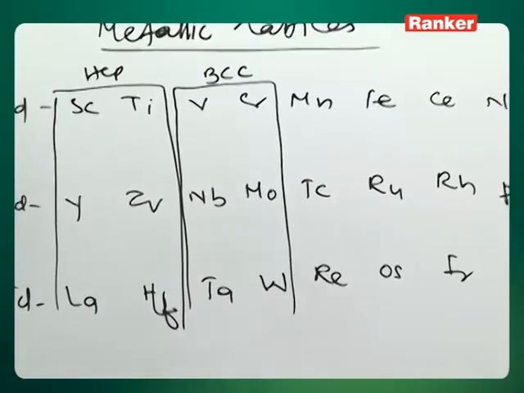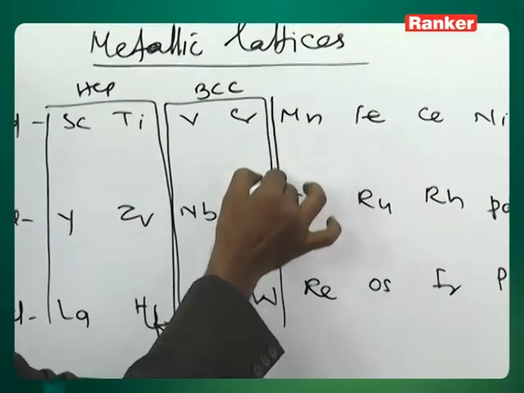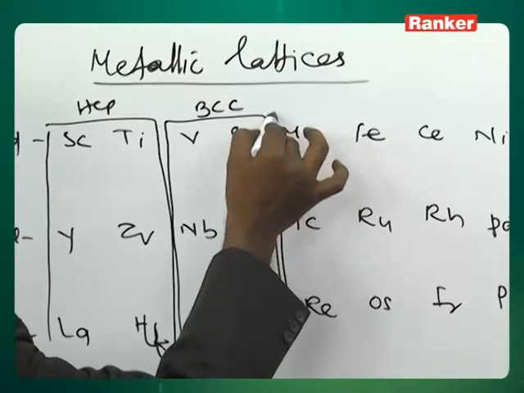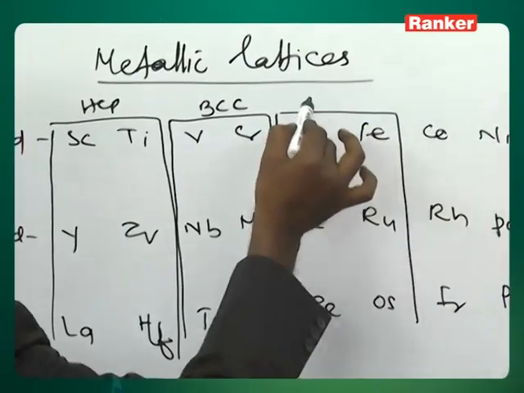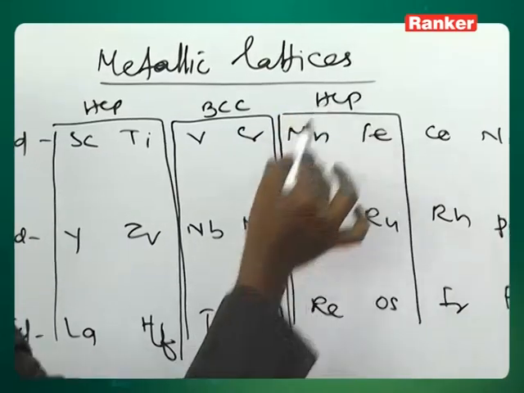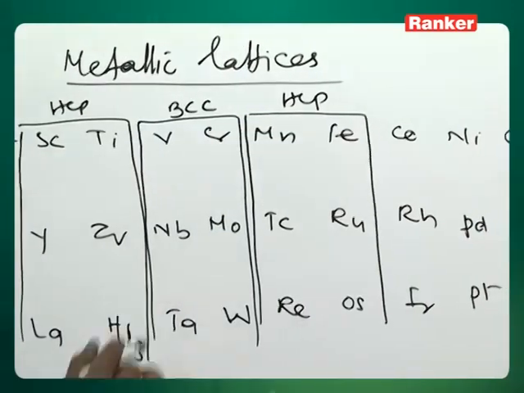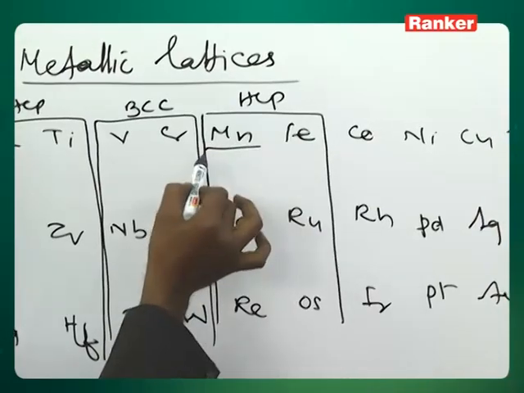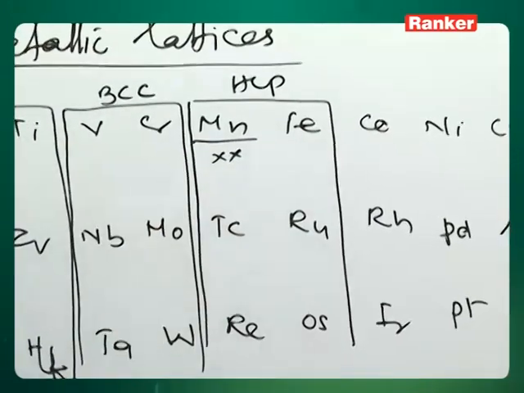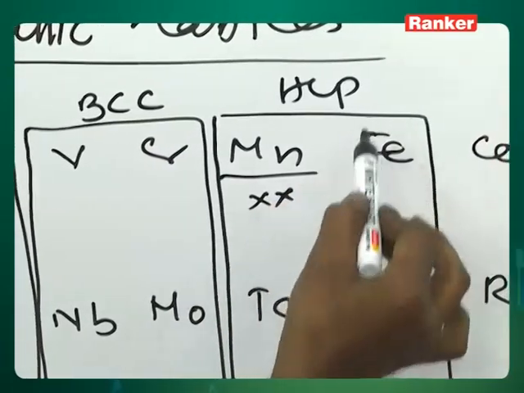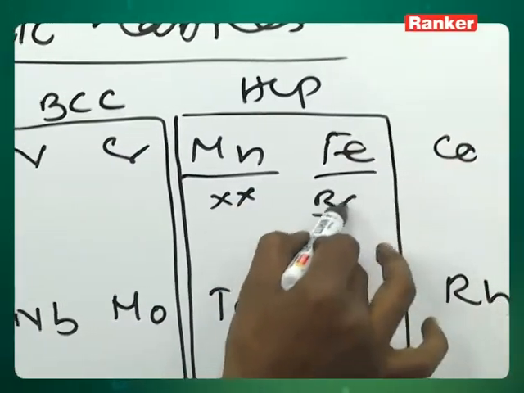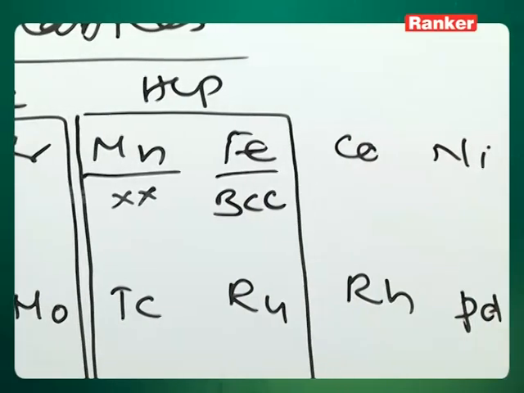The third two vertical columns again have HCP, but remember that the manganese lattice is not clearly known. Iron is an exception: it has a BCC metallic lattice.